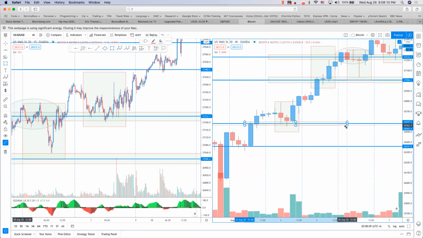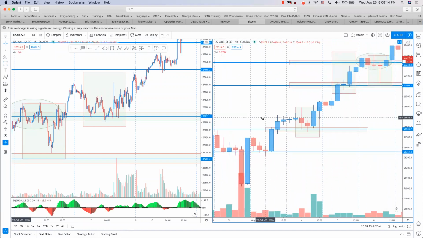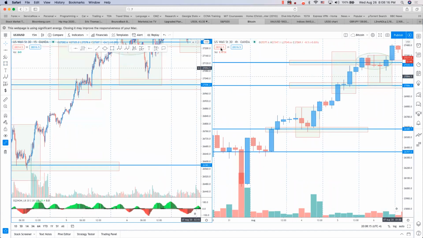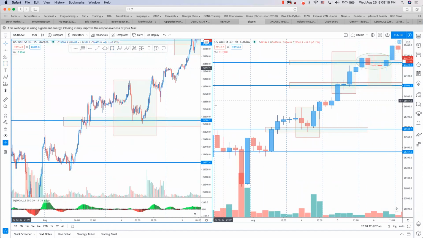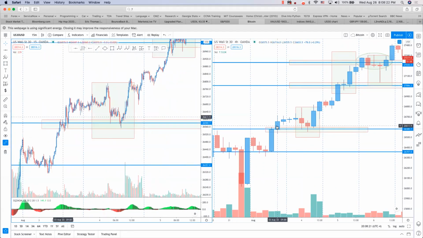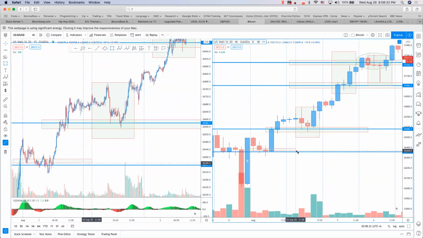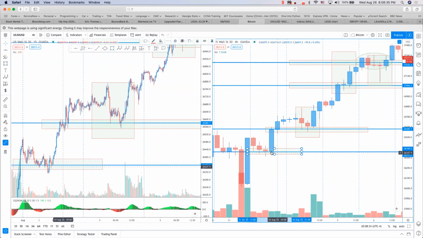Where are we at? We're near a zone, right? We're near a zone. Let me find this. Okay. We just broke from this zone the previous day, right? Using the same concept. Previous day.